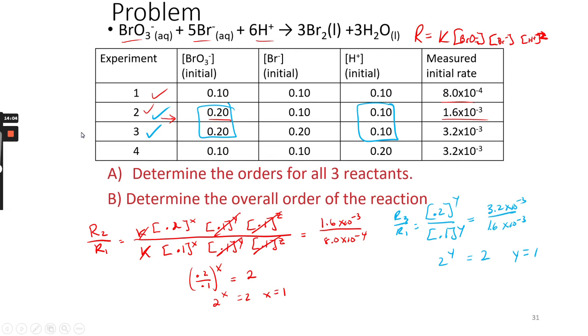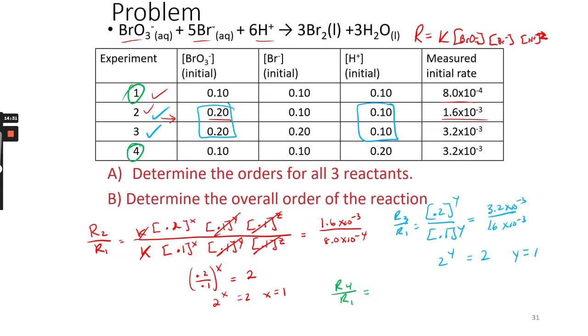Okay, now I have to figure out the exponent for H plus. So let's do that in a different color. Let's do green. So we have to find 2 reactions where everything's constant except H plus. So we're going to use 4 and 1. So let's compare the rate of 4 to the rate of 1.